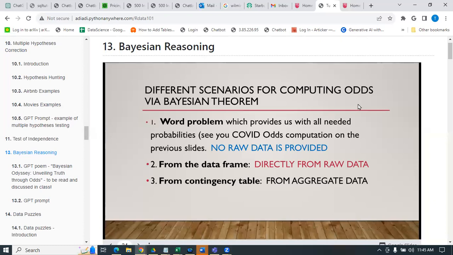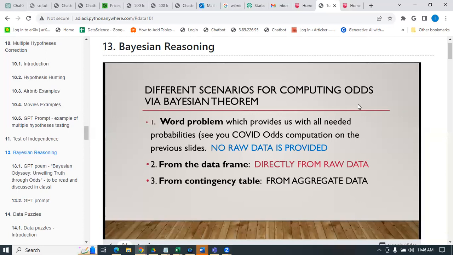So I made up some numbers, assuming prior odds are 1 to 99, assuming true positive, assuming false positive. I have to give you all these numbers so you can use the theorem. These numbers are not derived from any data. They're just made up. That's a typical word problem from old school statistics books. So I call it a word problem.